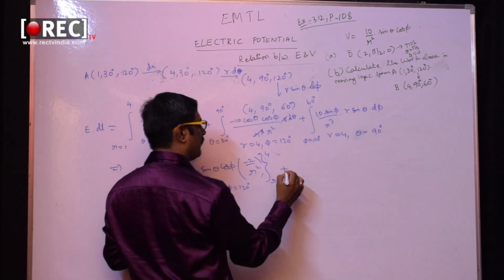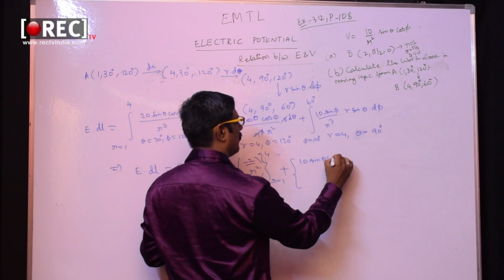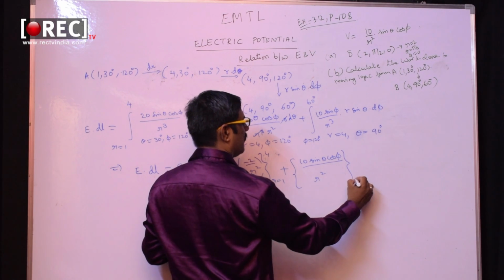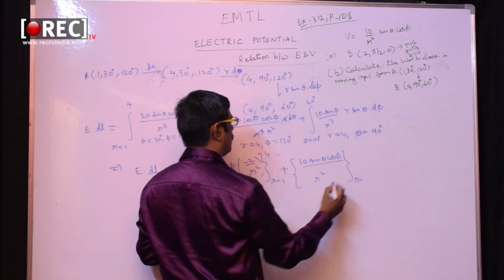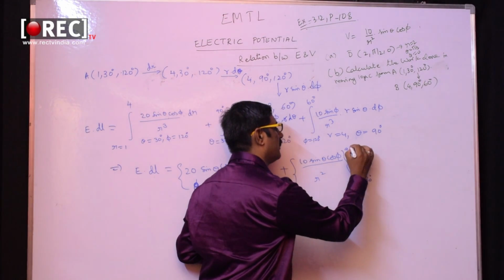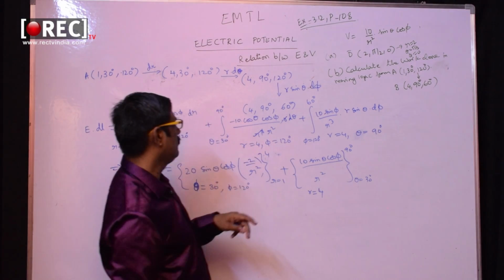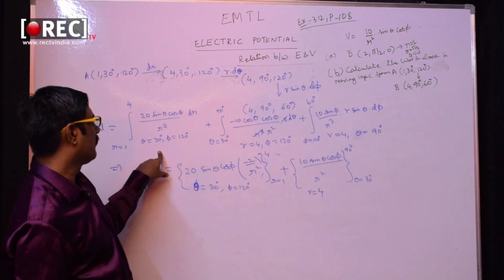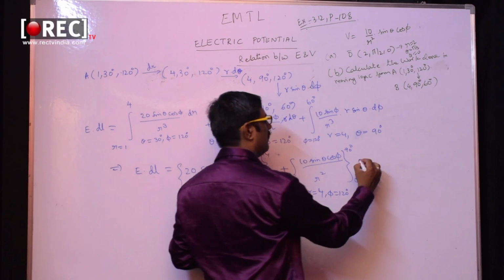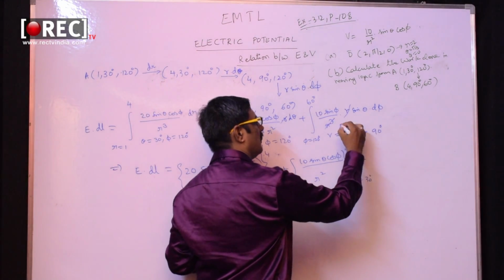You can write it as 10 sin theta cos phi by r square, where theta varies from 30 degrees to 90 degrees, r equals 4 and phi equals 120 degrees. Lastly, one r gets cancelled here once again, so you have r square.